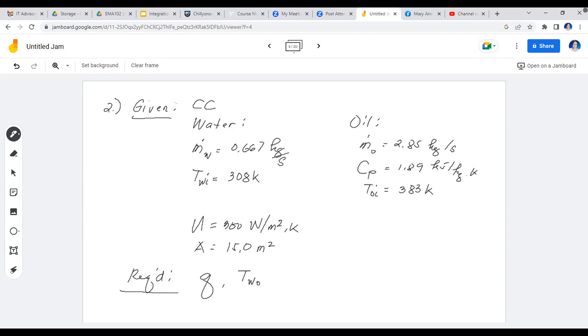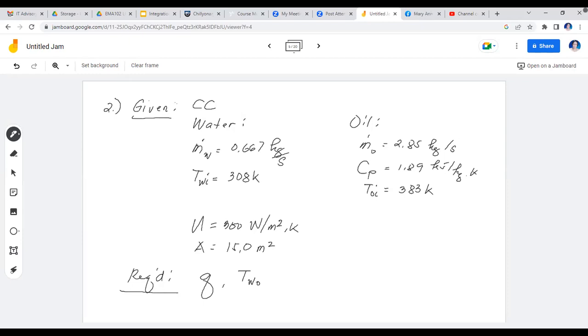Okay. So this is a problem that tells you right away that there is no way that you're going to use the formula UA delta T mean. There are just so many things that will prevent you from using such a formula. Number one, all outlet temperatures are not known, that of water and that of the heating medium, which is oil.